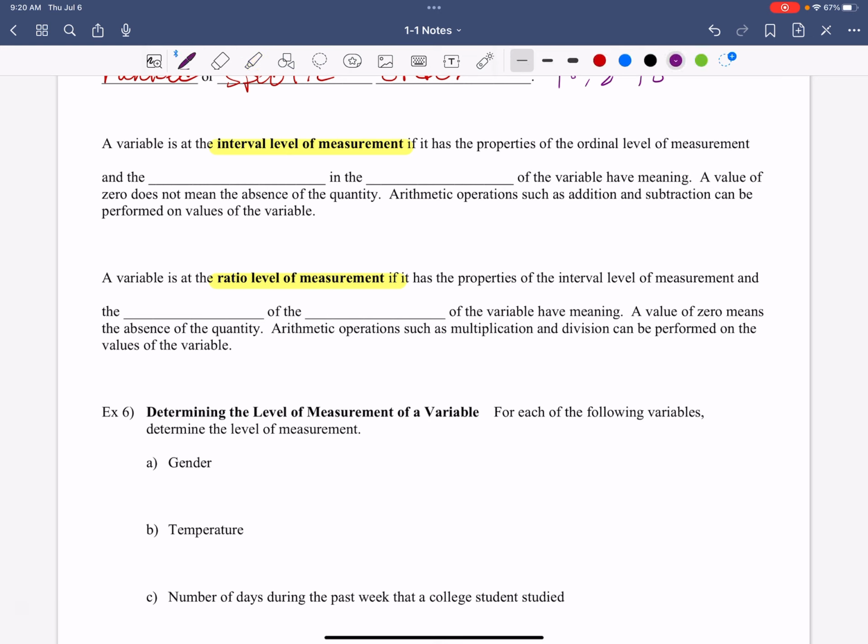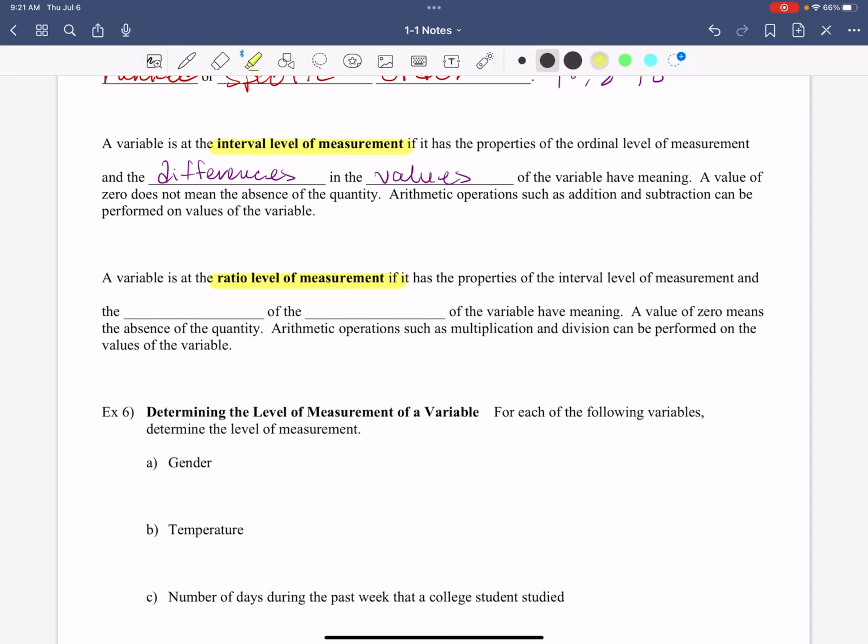All right. A variable is at the interval level of measurement if it has properties of the ordinal level, so it's in an order, and the differences in the values of the variable have meaning.